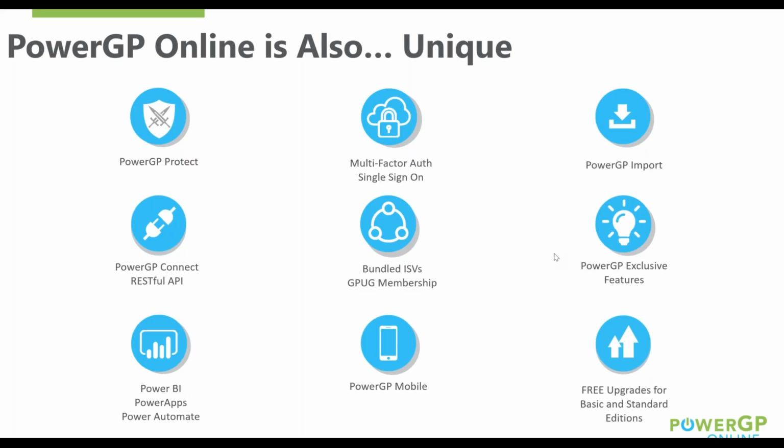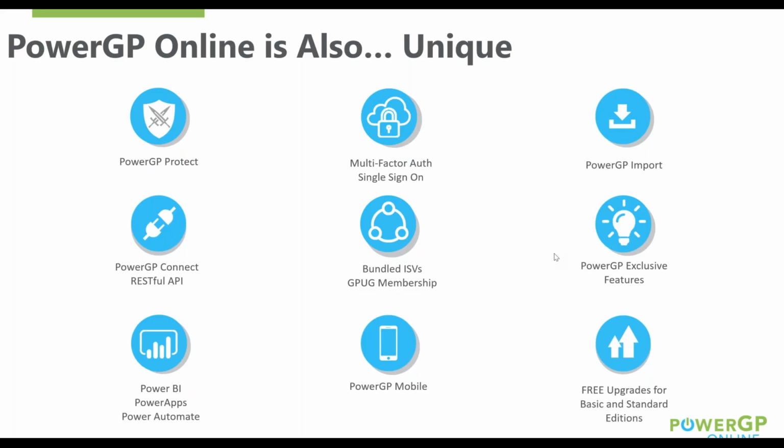We've added PowerGP import. We've created integrations with Power BI and Power Apps and Power Automate. We have a mobile app. We've added so much to Dynamics GP that this is why we call it PowerGP Online.